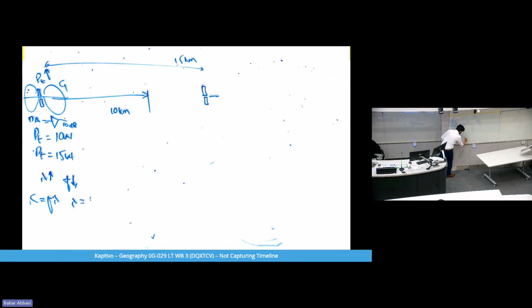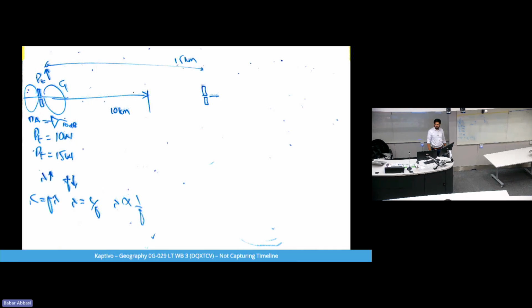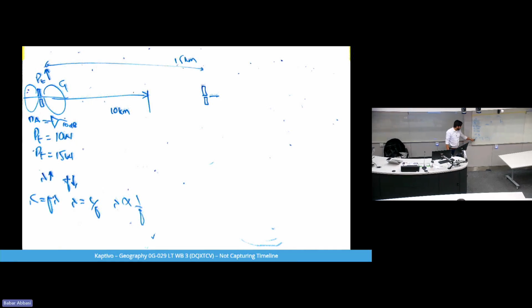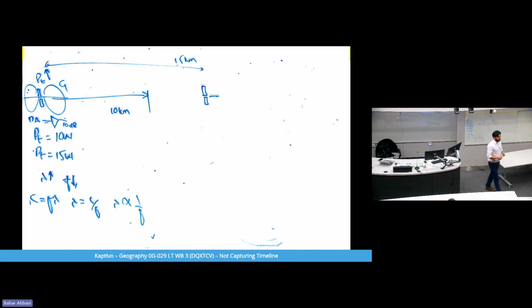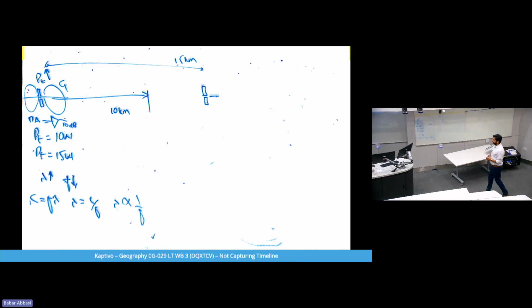So lambda is inversely proportional to f. If I increase my wavelength to propagate my signal farther, then my frequency has to be decreased. That's another way.